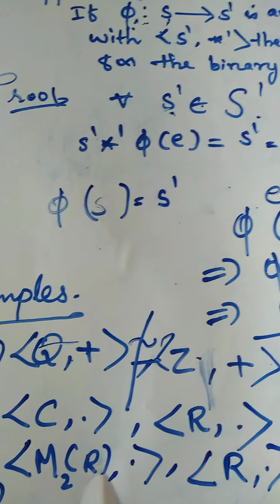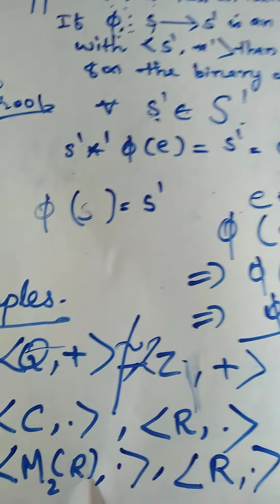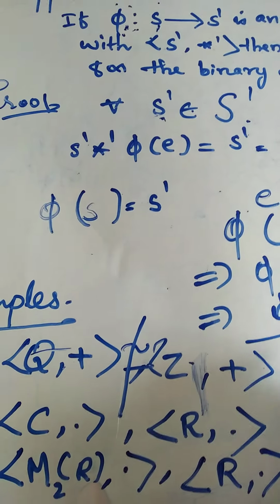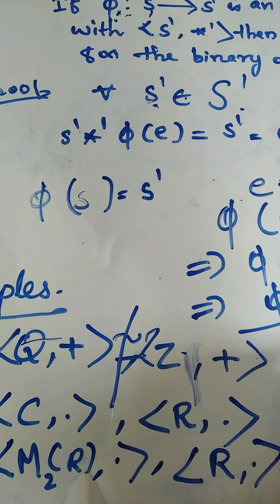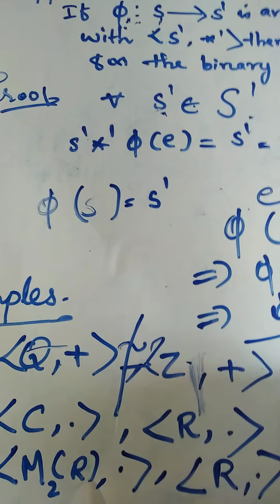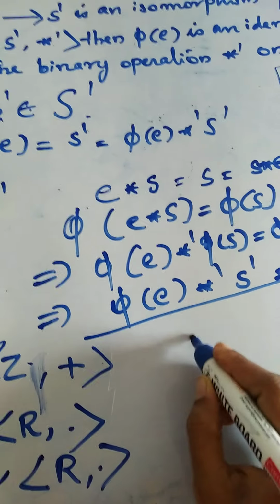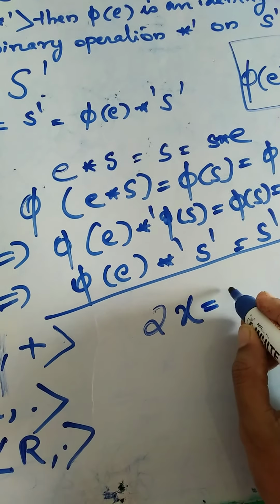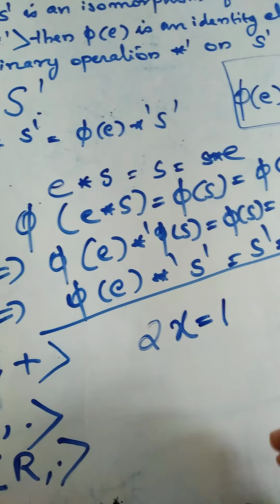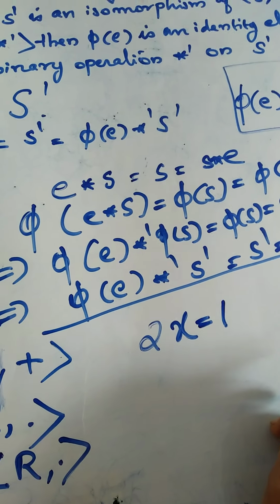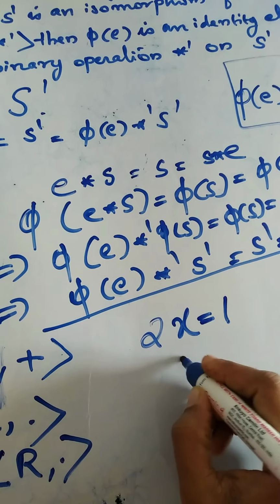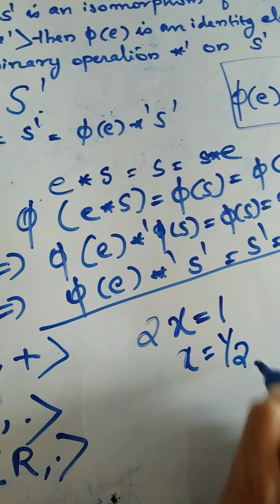You can choose any property that holds for one and does not hold for the other. So I take this equation, 2x equal to 1. What is the solution of this equation? x is equal to 1 by 2.